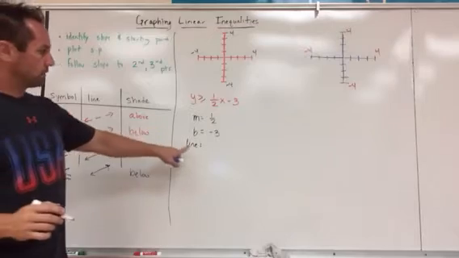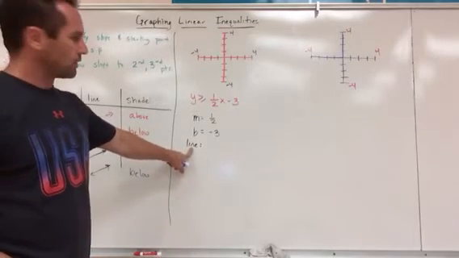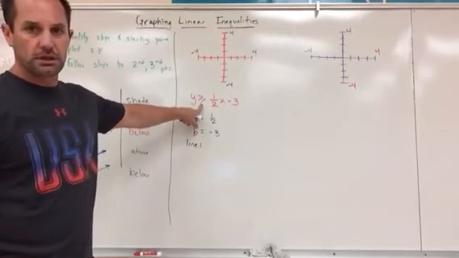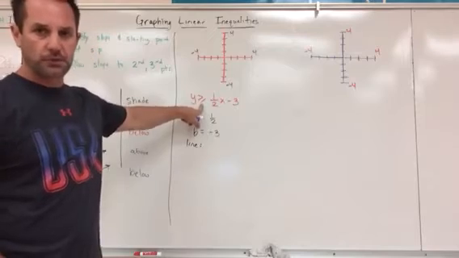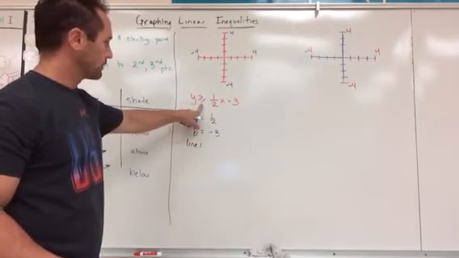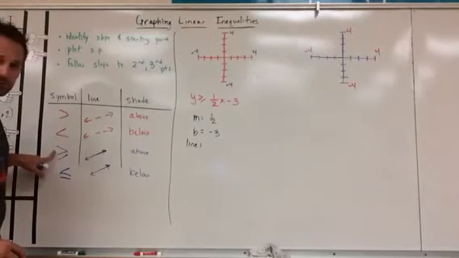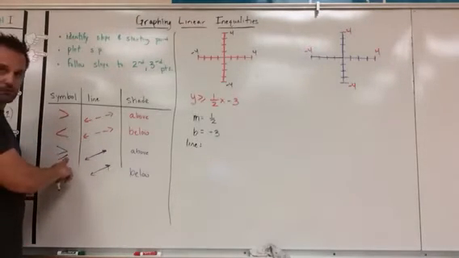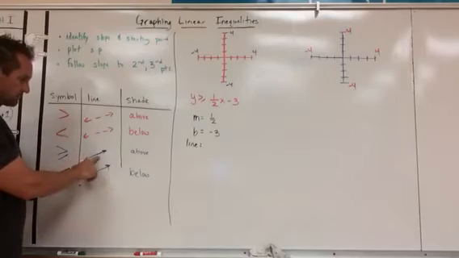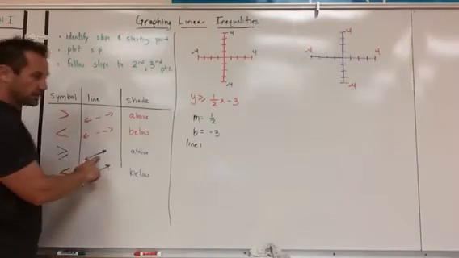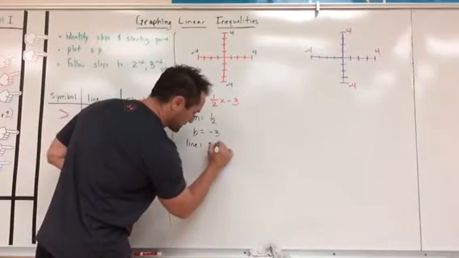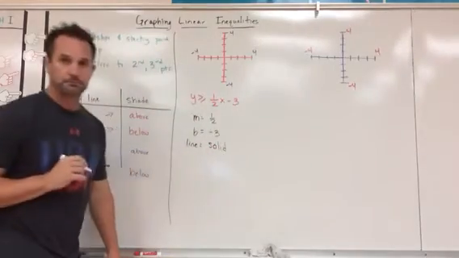Now, to determine what kind of a line I'm going to be drawing, I need to look at the inequality sign. The inequality sign here says greater than or equal to. So I'm going to go back to my chart and find the greater than or equal to, which is right here. The line is going to be a solid line.